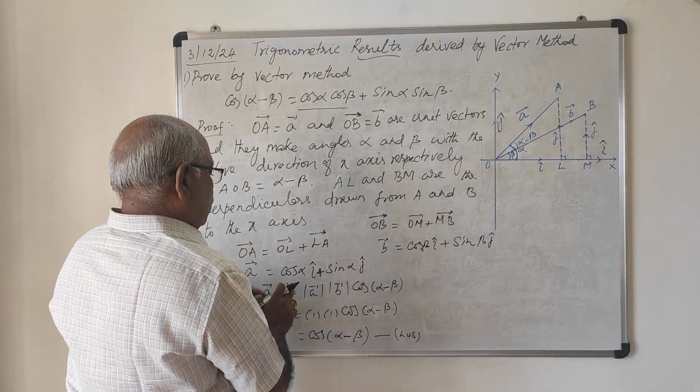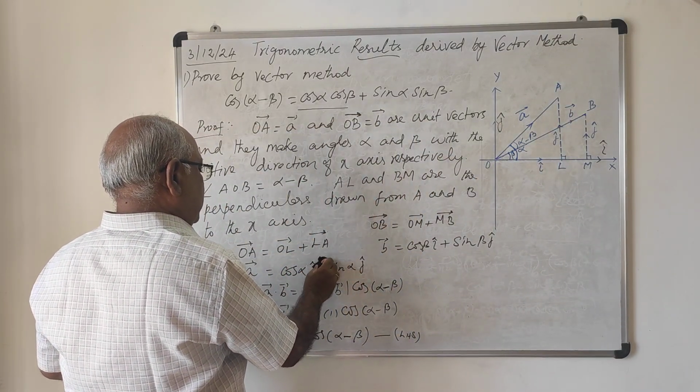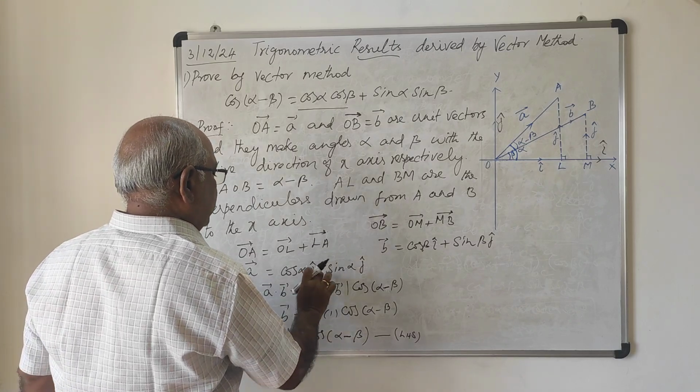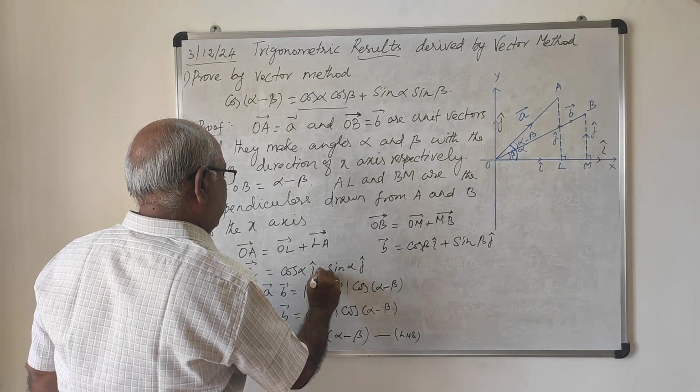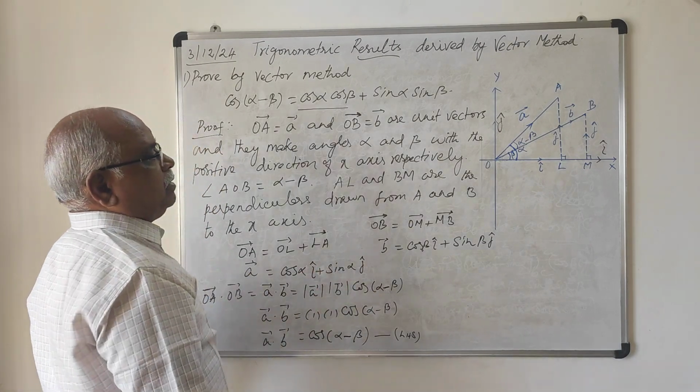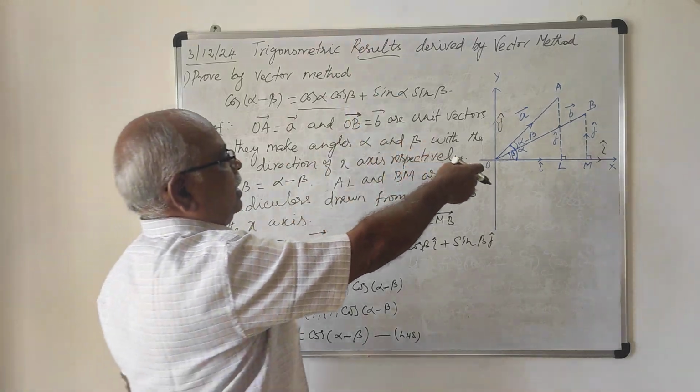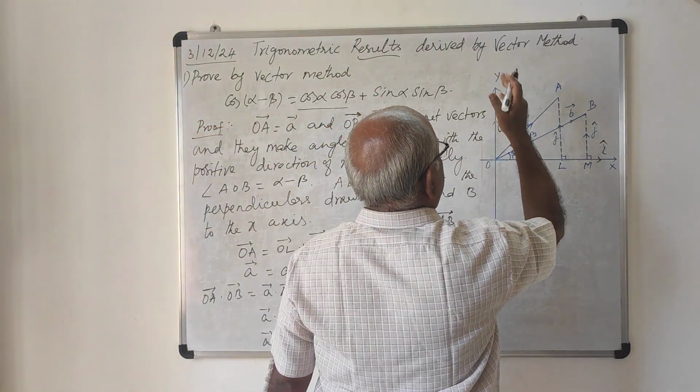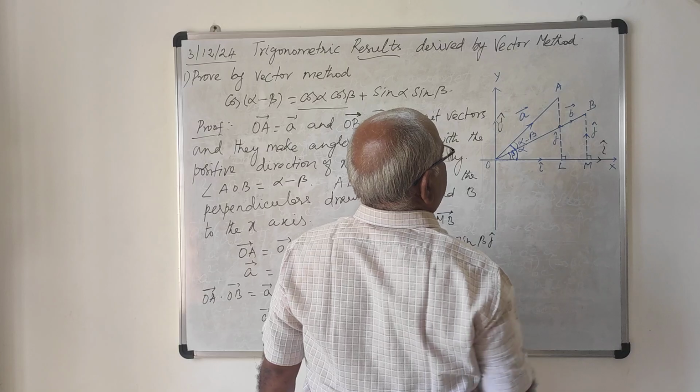So OA is cos alpha into i plus sin alpha into j.